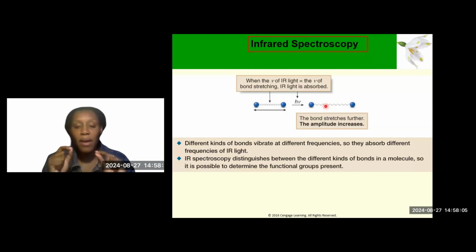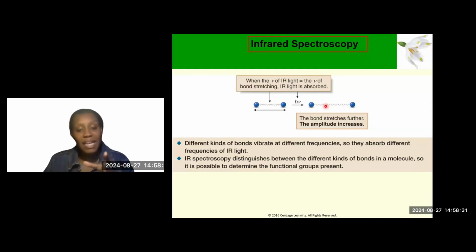So they absorb different frequencies of IR light. So if I measure at what frequency the bonds are absorbing, I can use that information to distinguish the different types of bonds in a molecule.